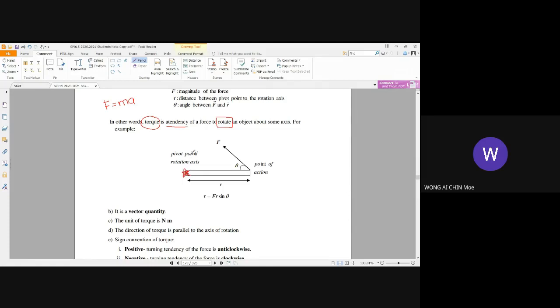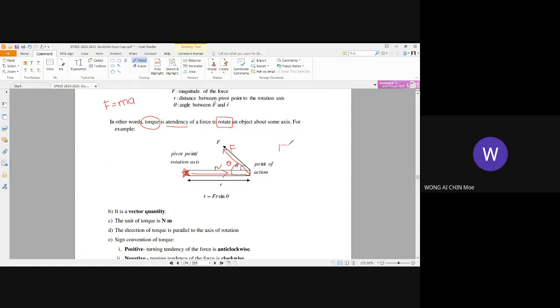So that pivot point is a rotational axis, like our reference point. From this point, this is our R, and then this is our F. So the angle here is between vector R and also vector F.